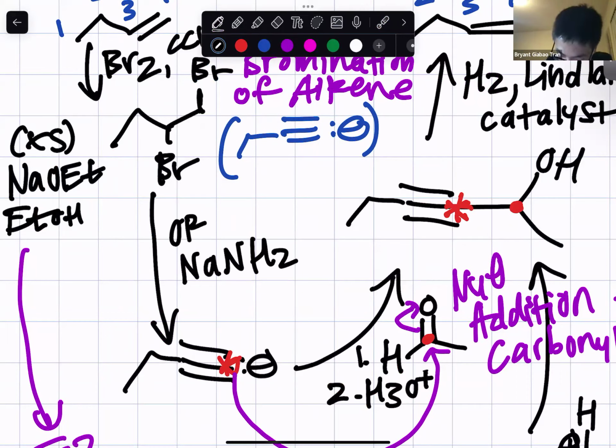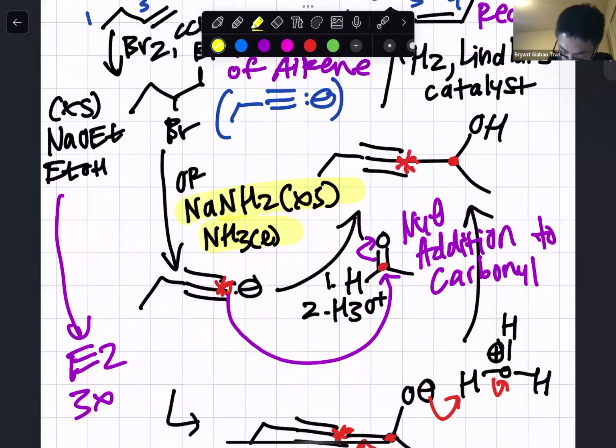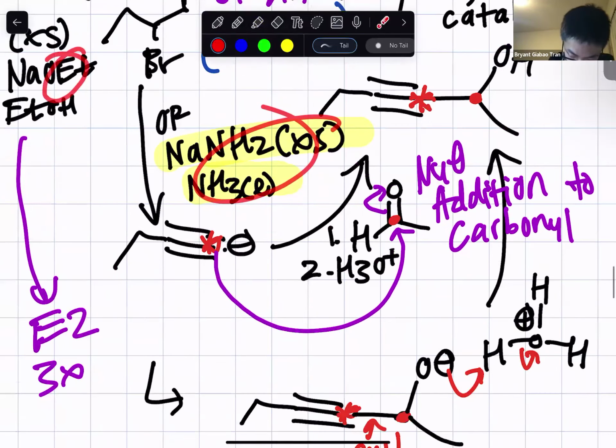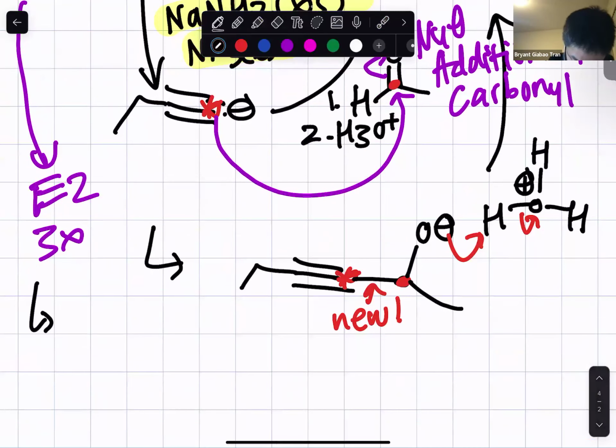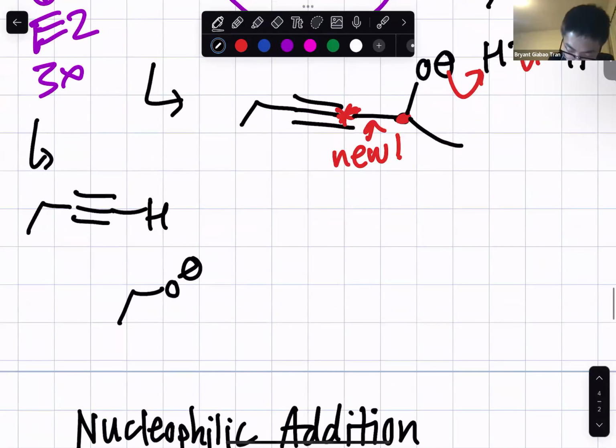Well, it's probably better to use NaNH2 in excess liquid NH3, right? This is the better way. The reason why it's the better base than this one is because once we get to this alkyne right here that has a hydrogen, the base that I used, the EtO minus right there, is not strong enough to deprotonate that alkyne hydrogen.